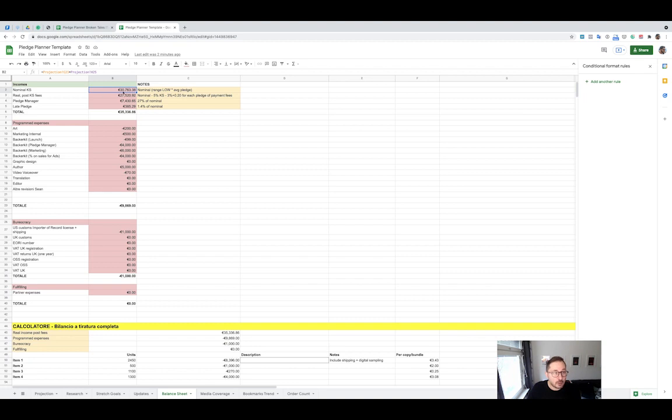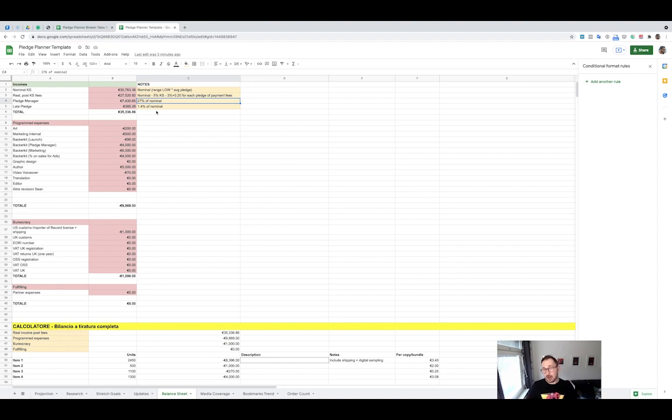Then according to the number you put here, this field will calculate what you're actually gonna get in your bank account after the fees of Kickstarter. And these are some hypotheses of what you could get if you do the Pledge Manager part right and the late pledge part right. This is my experience. You can get up to 27% of the nominal in the Pledge Manager afterwards.